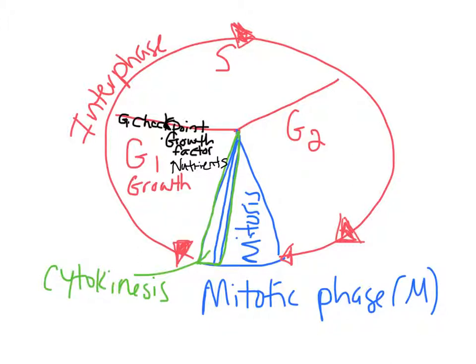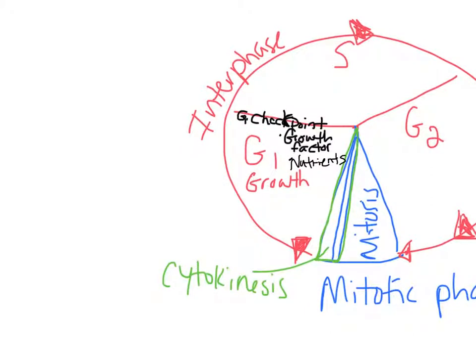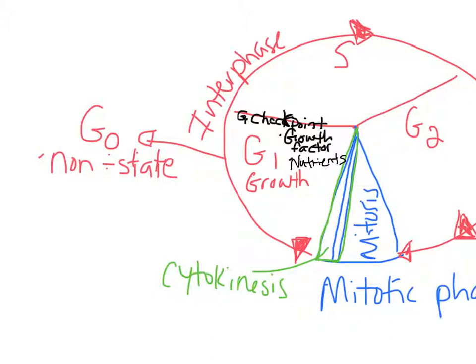If the G1 checkpoint does not get passed, the cell can be moved into a phase called G0. Again, like all interphase stages, it's not inactive, it's just the long-term non-dividing state.